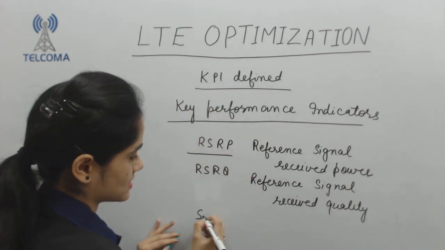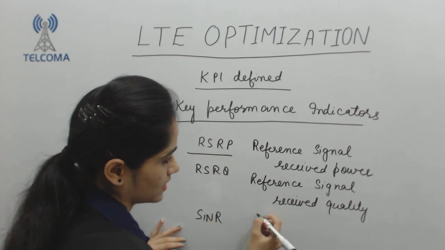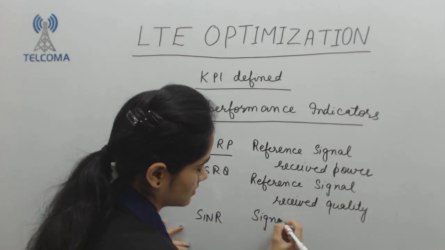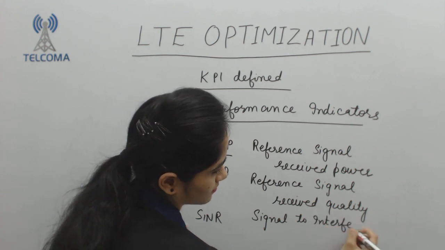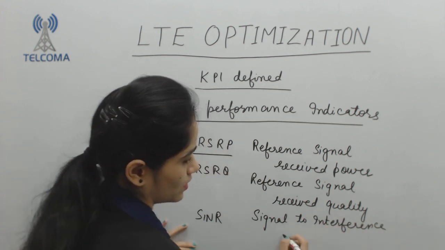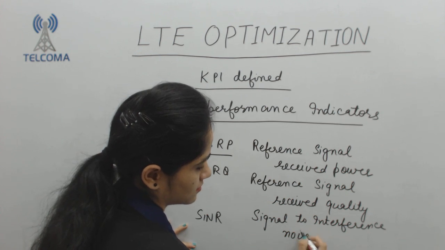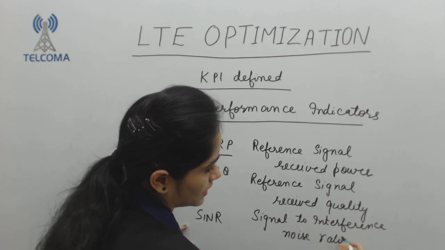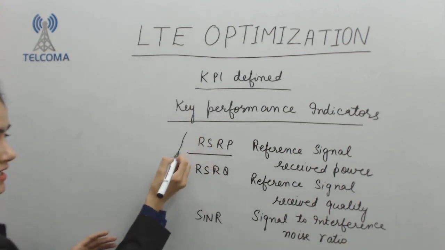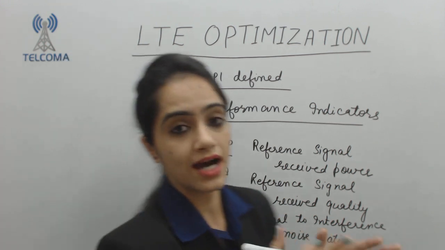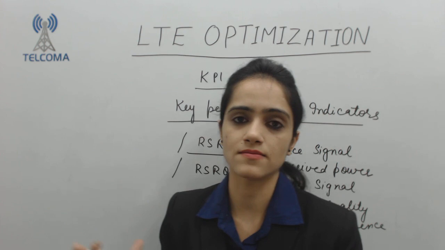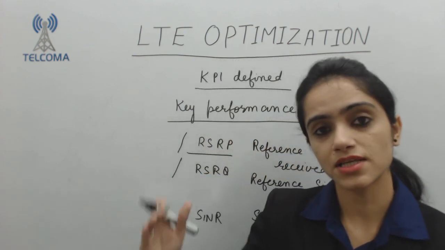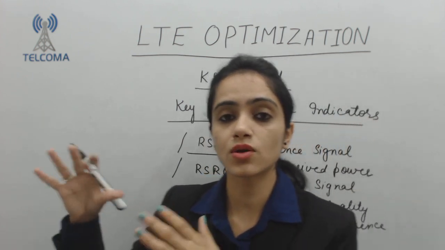Like this we have SINR also, signal to interference noise ratio. Now I can compare RSRP and RSRQ with RX level and RX quality, which we used in our GSM system, that means reception level and reception quality.